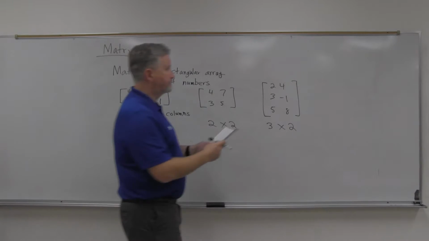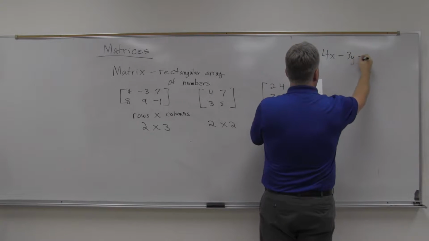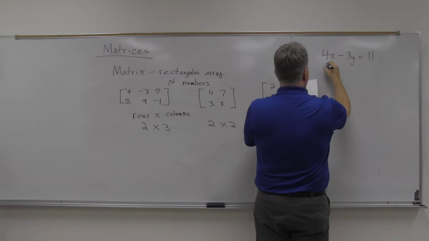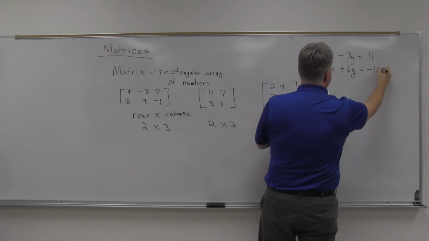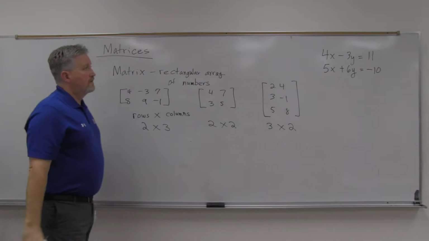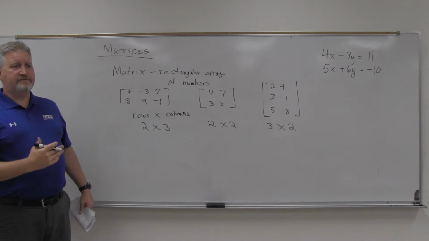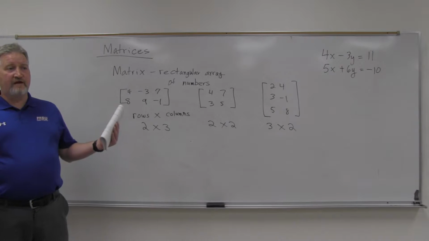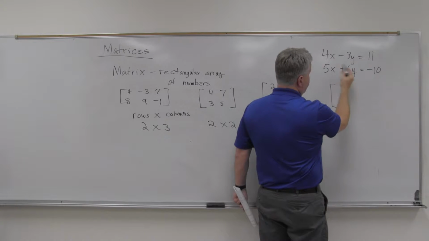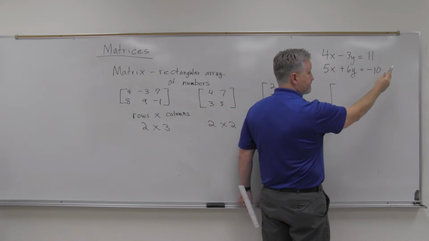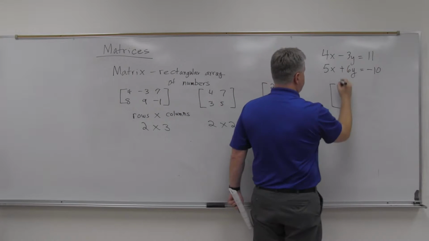If I have 4x minus 3y equals 11, and then 5x plus 6y equals -10, if I pull off the variables and just write the numbers in a matrix form, you need them in order, x, y, for this to really work.